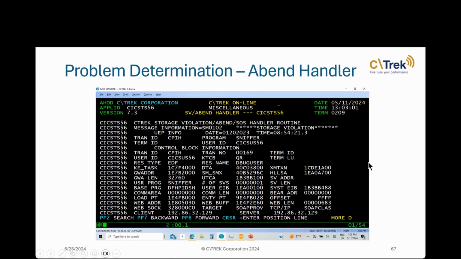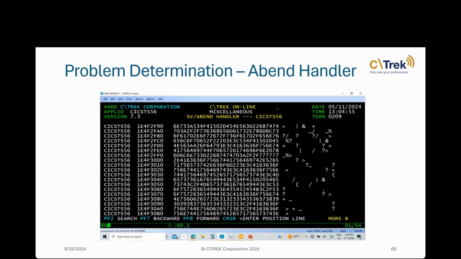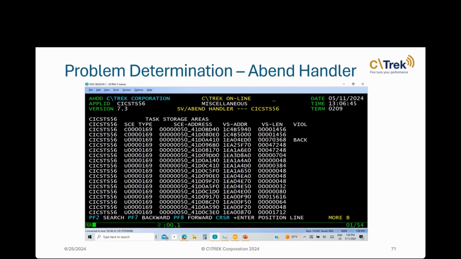Then you will see the actual message that came in, I think the top 1K. Then it'll give you all the areas that you had in memory that you requested.